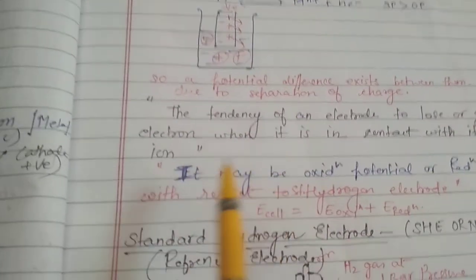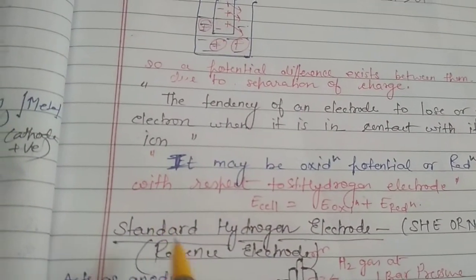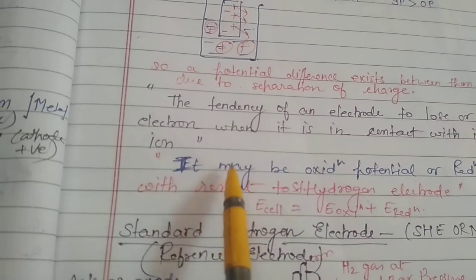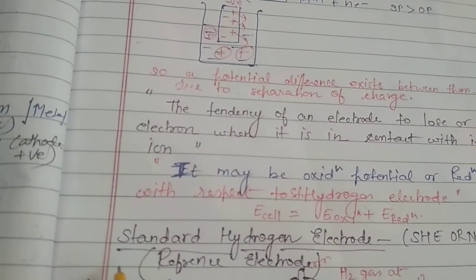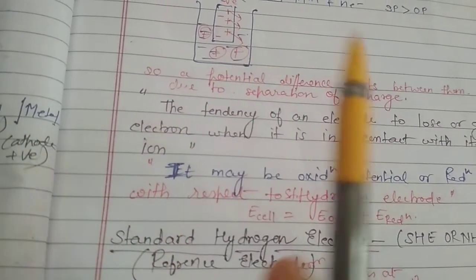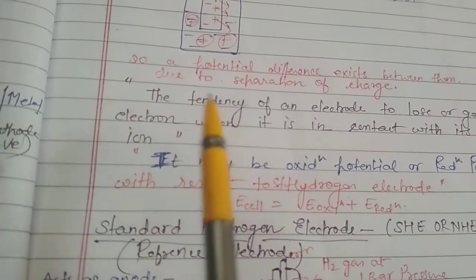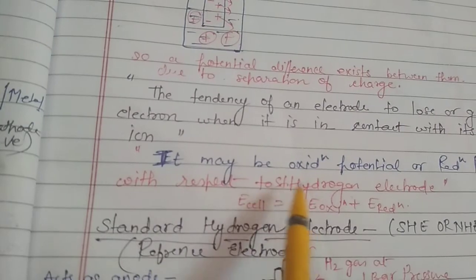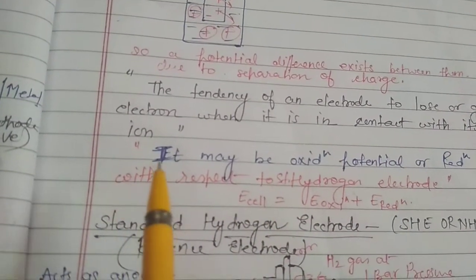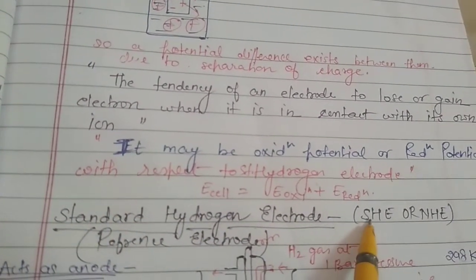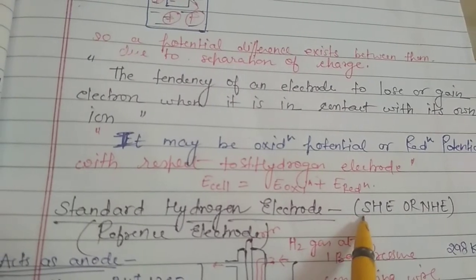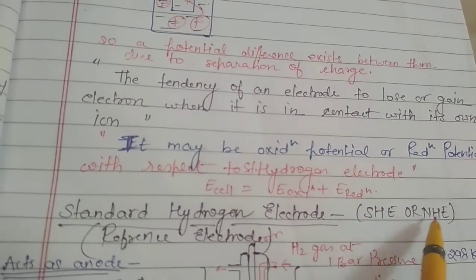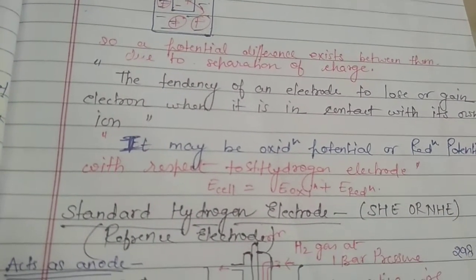So it is to be calculated with respect to another electrode whose electrode potential is known, and that is known as the reference electrode, also known as the standard hydrogen electrode, or SHE or NHE. SHE means standard hydrogen electrode or normal hydrogen electrode.